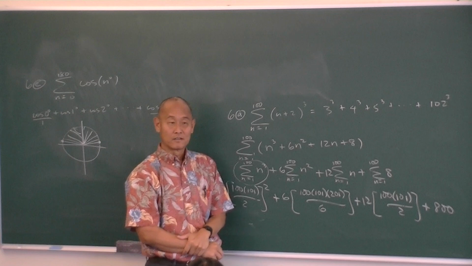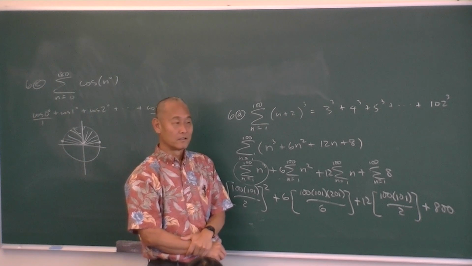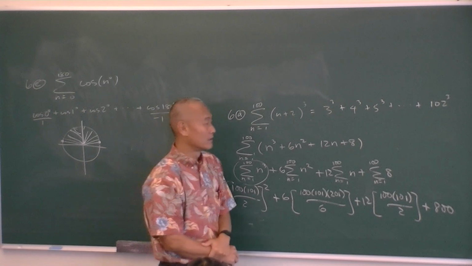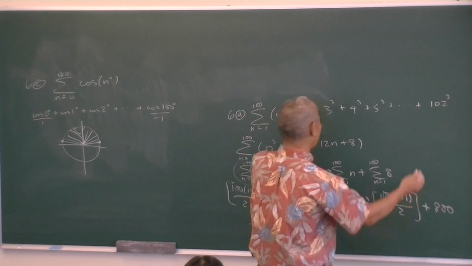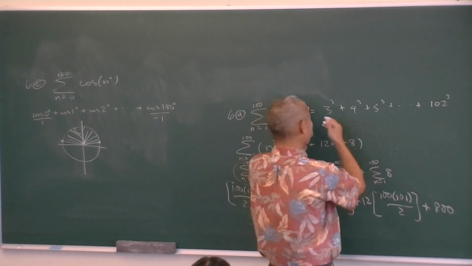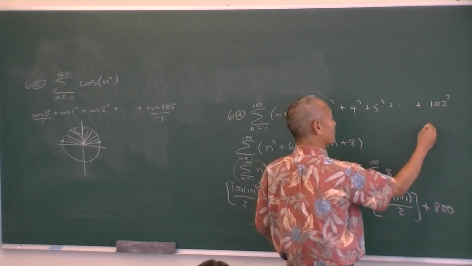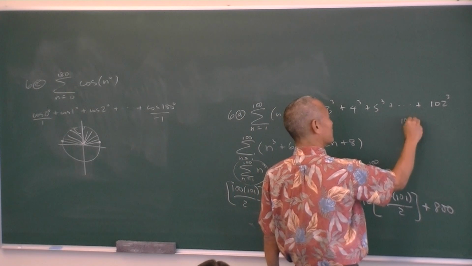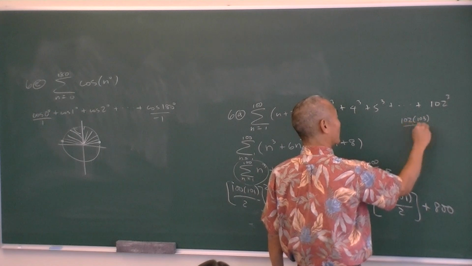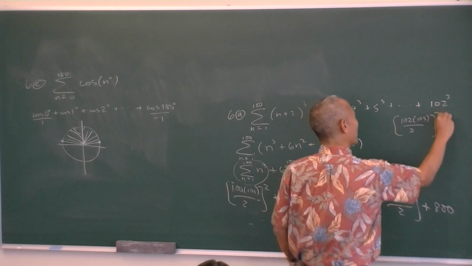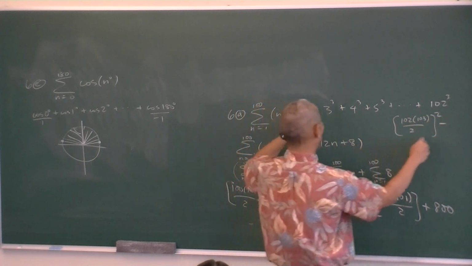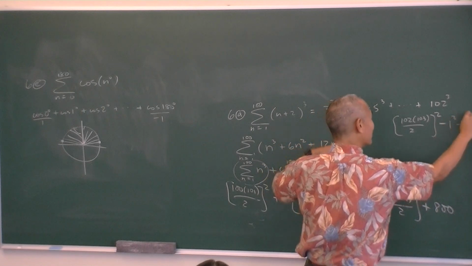Oh. Yeah, but it didn't say on the bottom, so I did it that way. Yeah, I know. You guys understand what he's saying? So what's the formula for 1 cubed plus 2 cubed plus 3 cubed all the way to 102 cubed? 102 times 103 all over 2 quantity squared. But then you gotta subtract 1 cubed and 2 cubed.